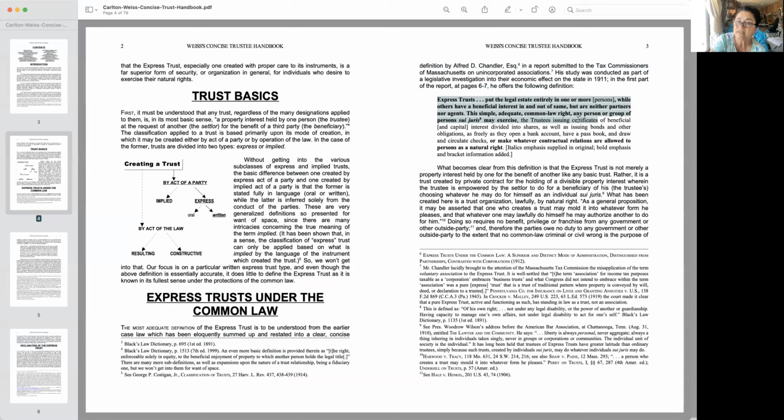The trustees issuing certificates of beneficial and capital interest divided into shares, as well as issuing bonds and other obligations as freely as they open a bank account, have a passbook, and draw and circulate checks, or make whatever contractual relations are allowed to persons as a natural right. Italics, emphasis supplied in original, bold emphasis, and bracket information added.